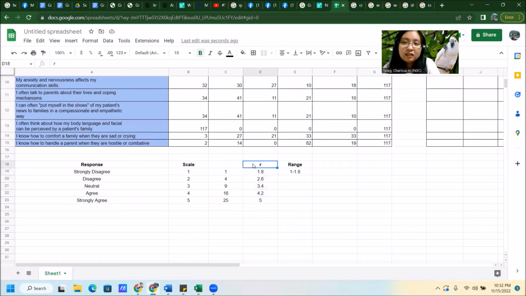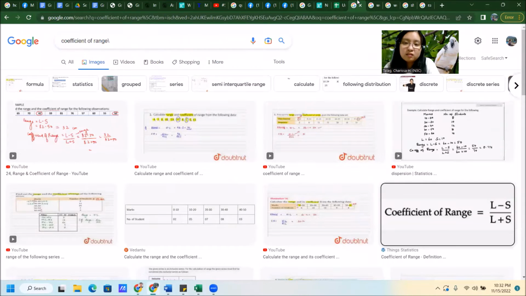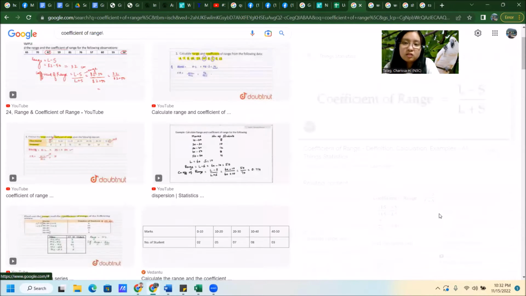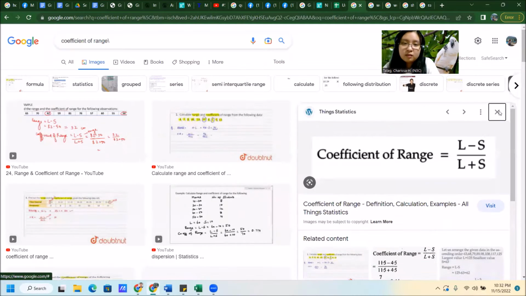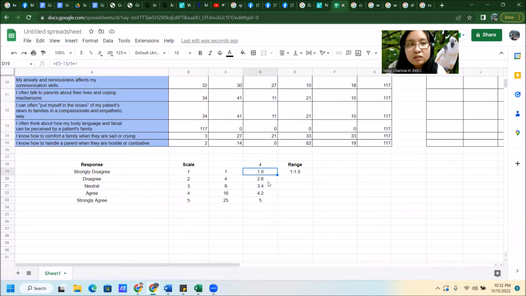This is the second method of getting the range. We look at the coefficient of range, which is maximum value minus minimum value divided by maximum value plus the minimum value. So it will just end up the same. 5 minus 1 divided by 5 plus 1, 1.8.